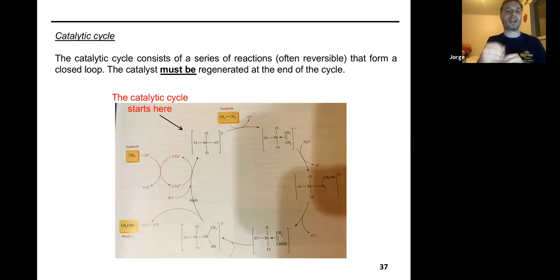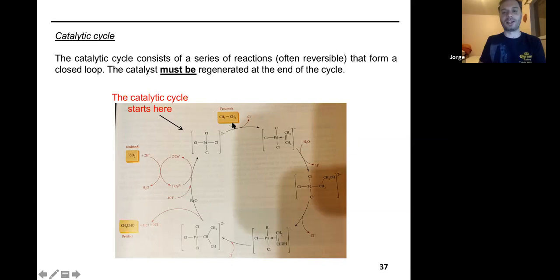The catalytic cycle consists of a series of reactions, often reversible, that form a closed loop. Attention, the catalyst must be regenerated at the end of the cycle. Let me show you this catalytic cycle.